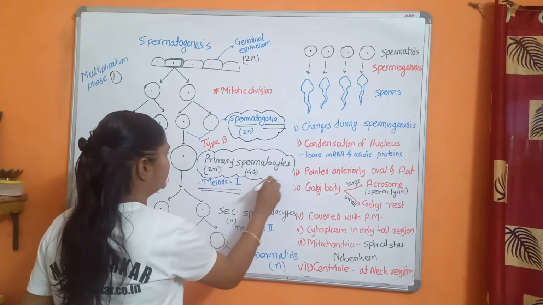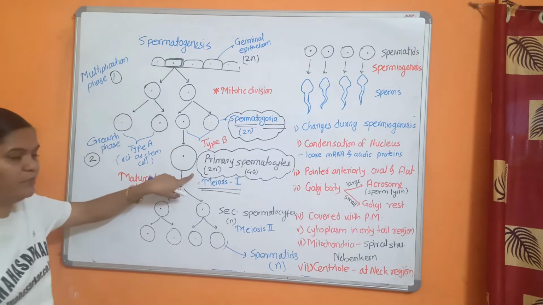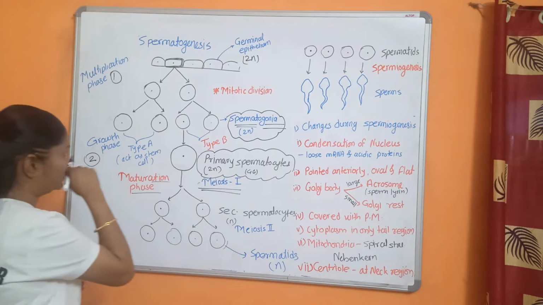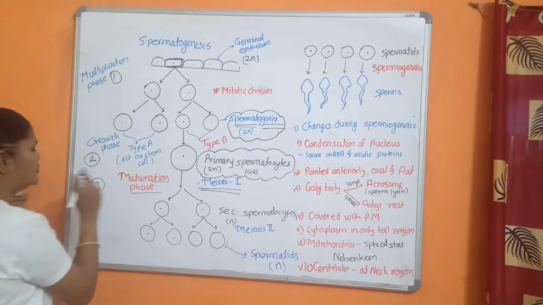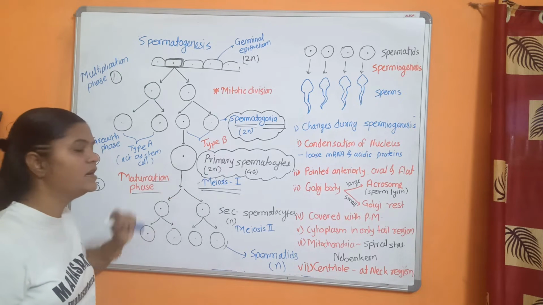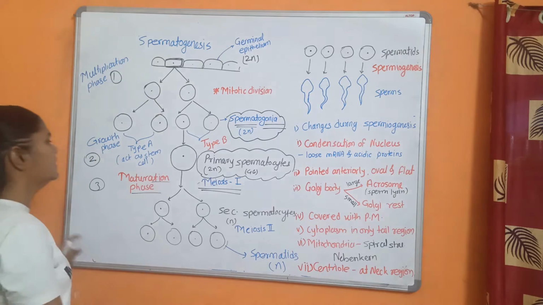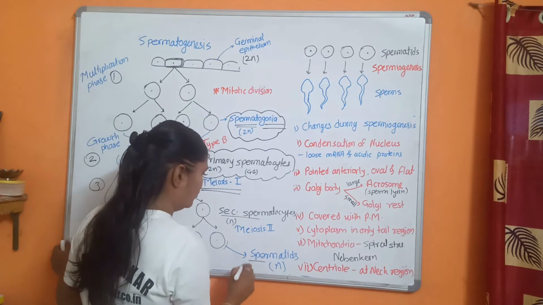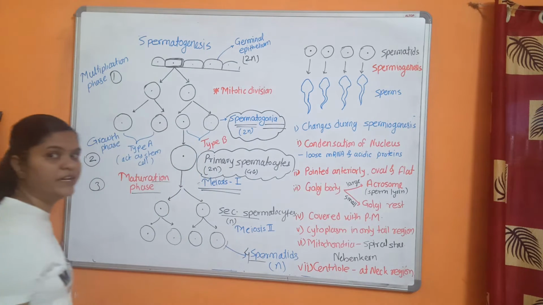These primary spermatocytes are also diploid, and the primary spermatocyte shows the third phase, the maturation phase, through which primary spermatocytes divide meiotically, then form secondary spermatocytes, and finally 4 spermatids are produced.